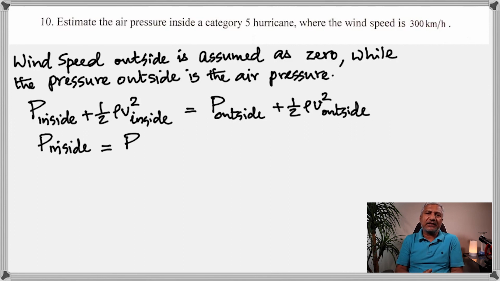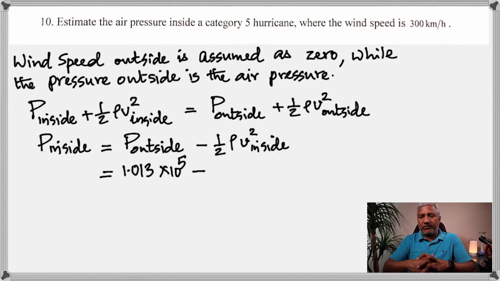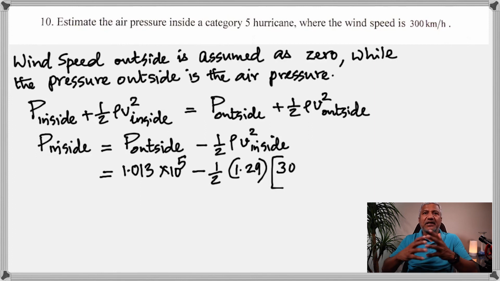Once again, rho is the density of air. And I am taking that term to the other side, the 1/2 rho v squared outside. Well, if the velocity is 0, that entire term becomes 0. Velocity outside is 0. Remember that. That's why that whole quantity is 0. That's why you don't have it.